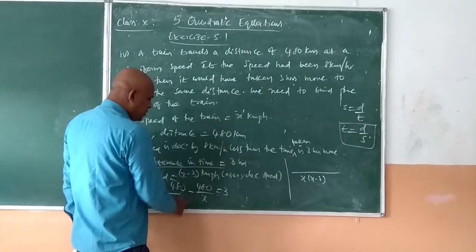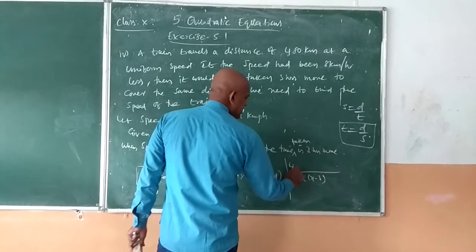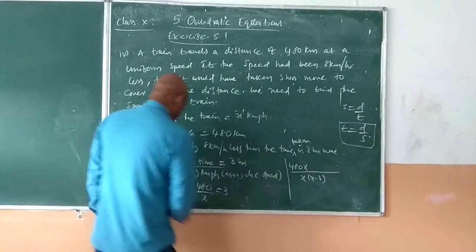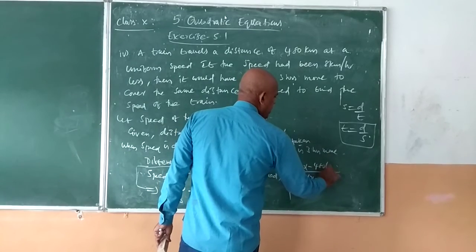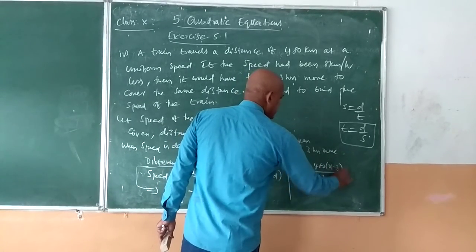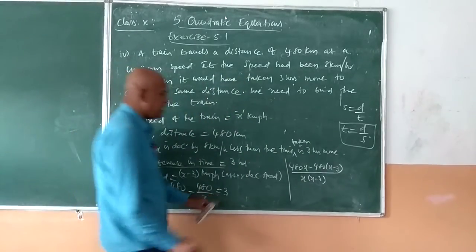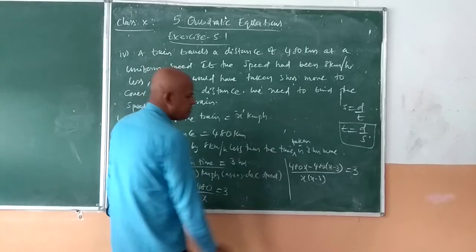So by cross multiplication, with the LCM, 480 into x, 480x, minus 480 into x minus 3, is equal to 3. Now let us simplify here.